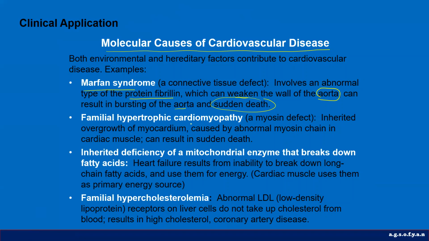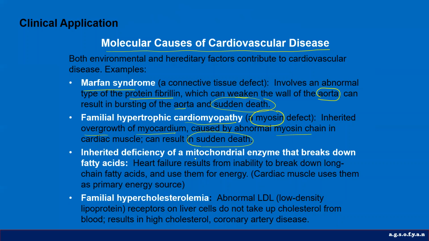Familial hypertrophic cardiomyopathy. This is a defect in myosin. Myosin is one of the proteins or filaments of muscle cells. Okay? It causes overgrowth of the myocardium, and abnormal myosin changes in cardiac muscle can also result in sudden death because the cardiac muscle does not pump the blood.